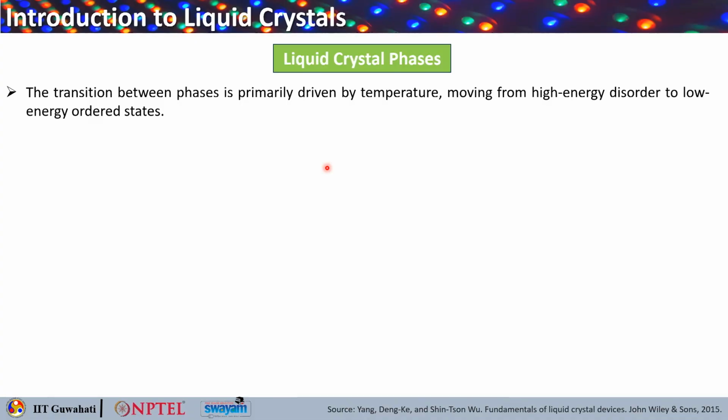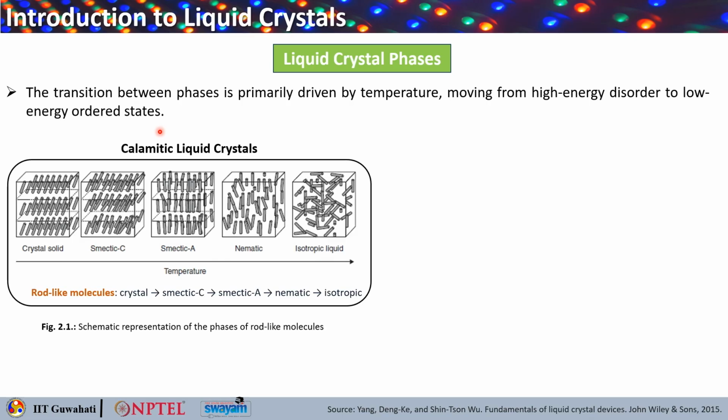So, let us look into the liquid crystal phases. The transition between the phases is primarily driven by temperature. So, that allows you to move from high energy disordered to low energy ordered states. Here is how it looks for calamitic liquid crystals.